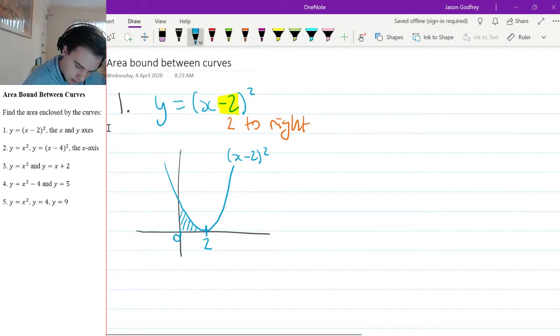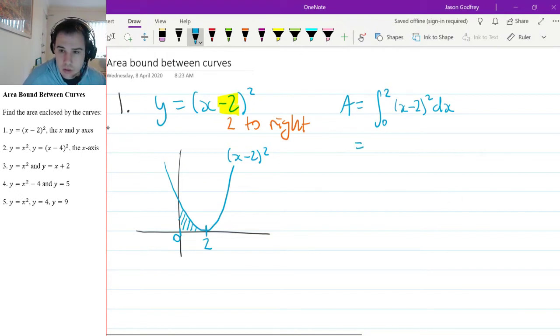So to find the area here, we'll find the definite integral from 0 to 2 of (x minus 2) squared dx. So the integral of (x minus 2) all squared, you could expand this out and then integrate term by term.